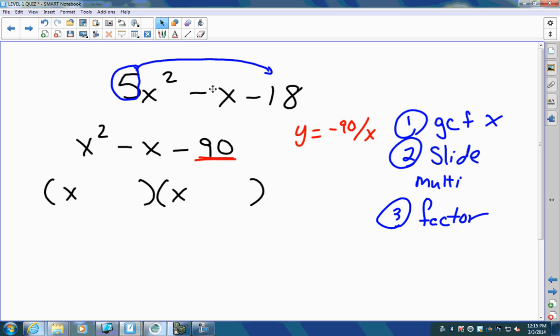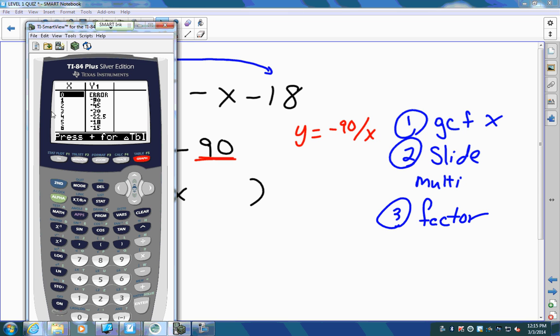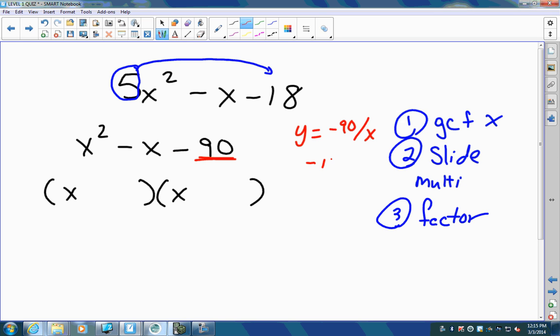Negative 1. All right, so I've got 1 and negative 90. That's negative 89. Nope. I'm adding these together. I'm looking for negative 1. There we go. Negative 10 and 9. Because negative 10 plus 9 gives me negative 1. So I have minus 10 plus 9.